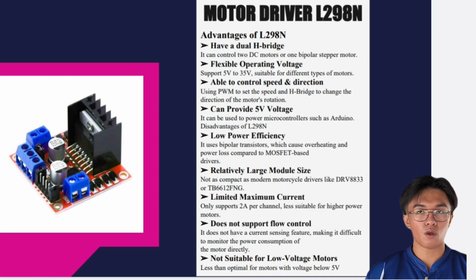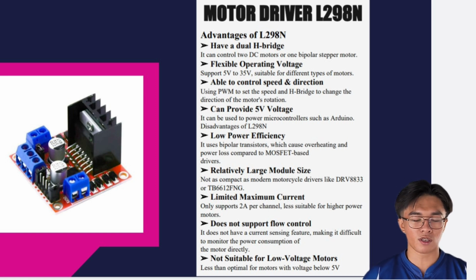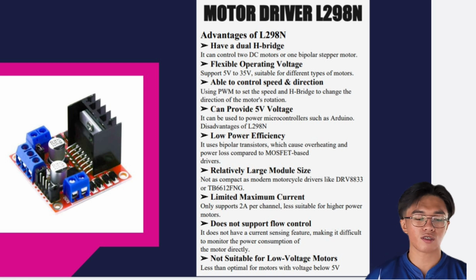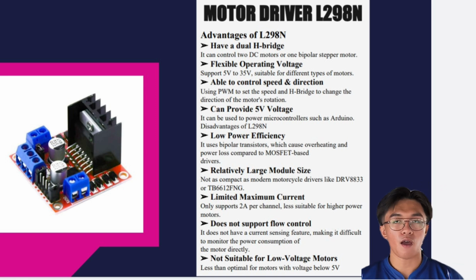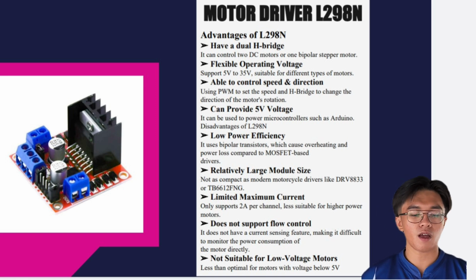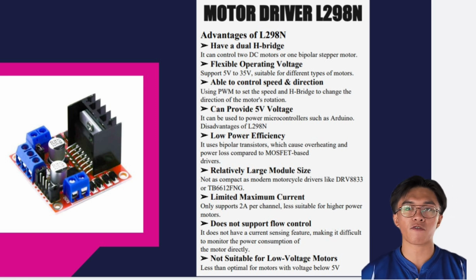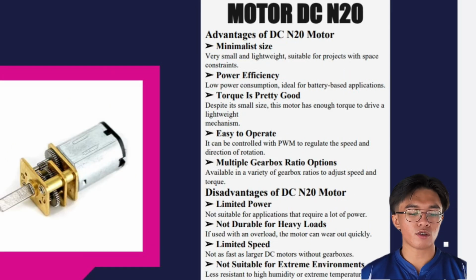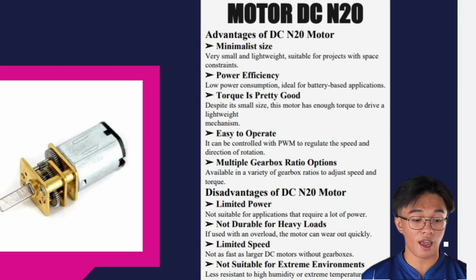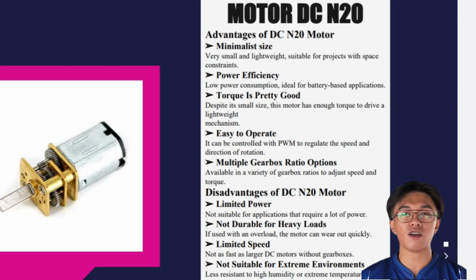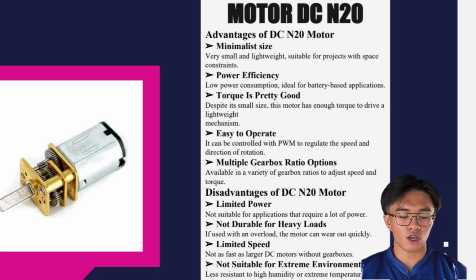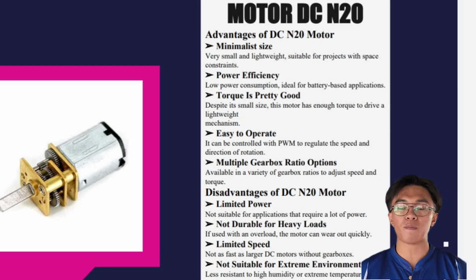And we use the motor driver L298N because it has a dual H-bridge, flexible operating voltage, is able to control speed and direction, and can provide 5 volts. Now we use the motor DC N20 because of its minimal size, power efficiency, pretty good torque, and ease of operation.